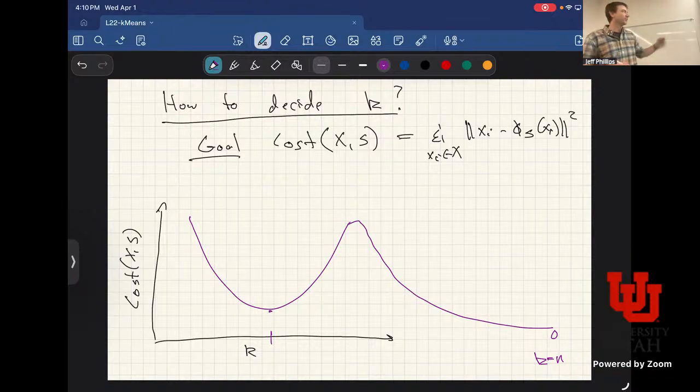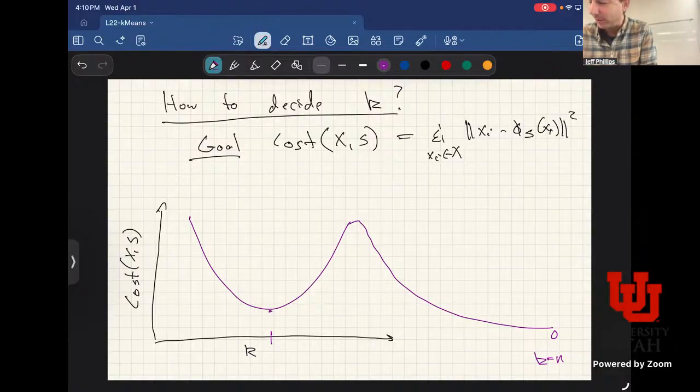Is this how I choose k? Why would the cost go up? In fact, it won't. If I solve it optimally, the cost will never go up.